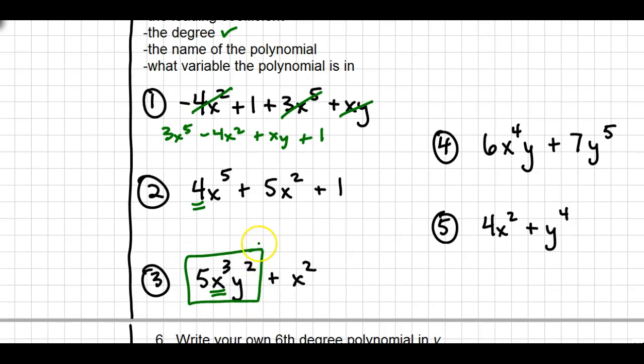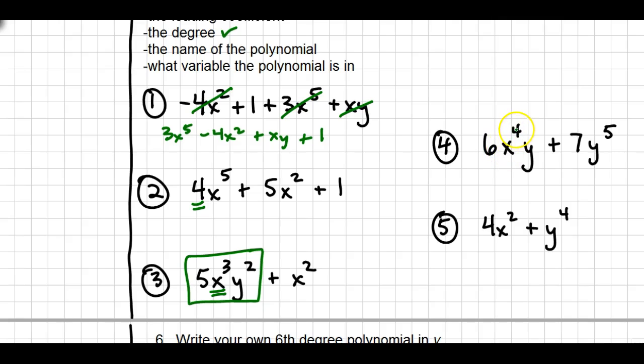This term has 2 exponents in it, so we would need to add those together to find the degree. So this is still a quintic binomial, because now we only have two terms. Quintic binomial, we wouldn't say that it's in x, but it's okay if you would. And then there are no constants, and the leading coefficient is a 5. On these last two here, it would be in dispute on which way you'd want to deal with it.